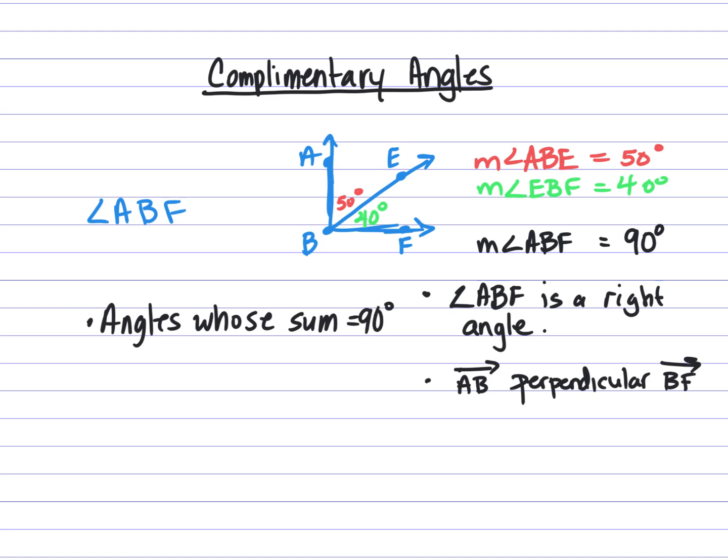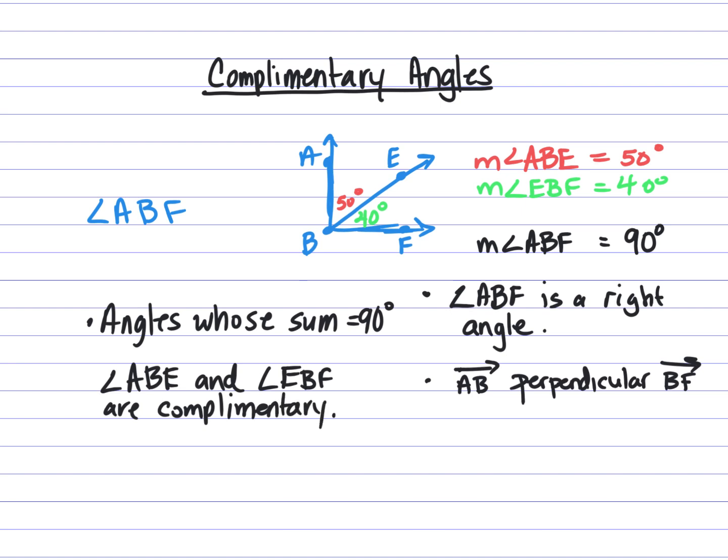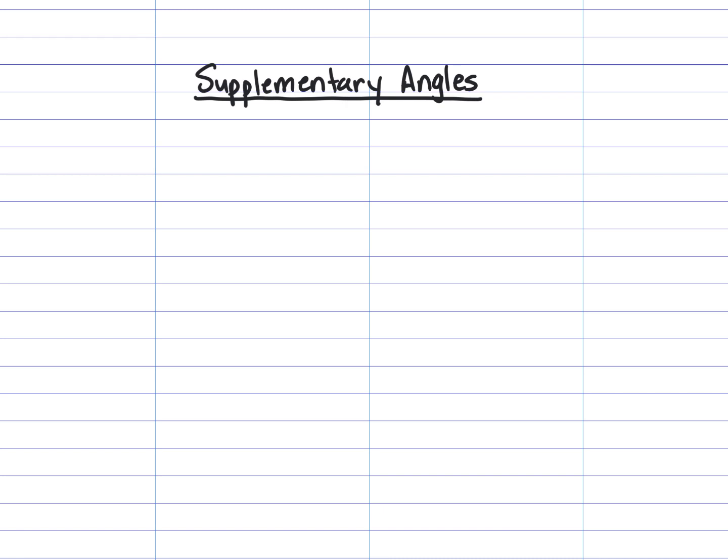And in this example, angles ABE and EBF are complementary. All right, now we know what complementary angles are. Their sum is 90. So let's see what supplementary angles are.